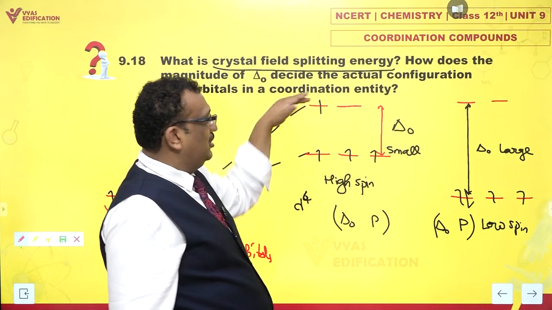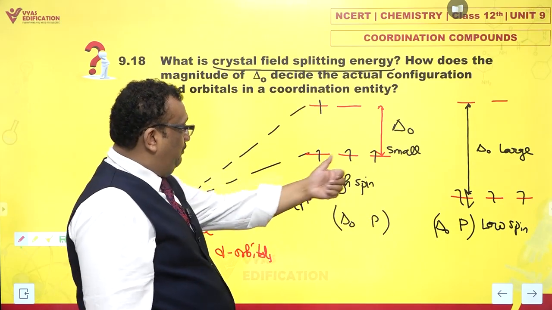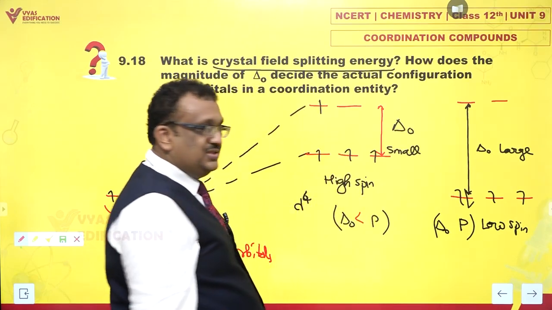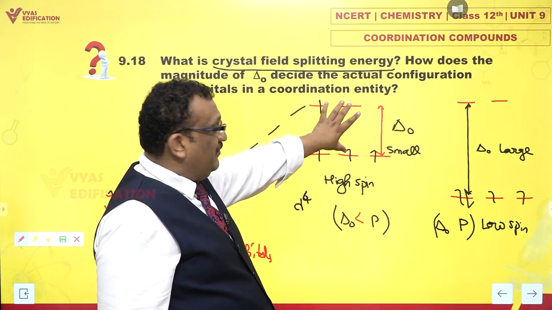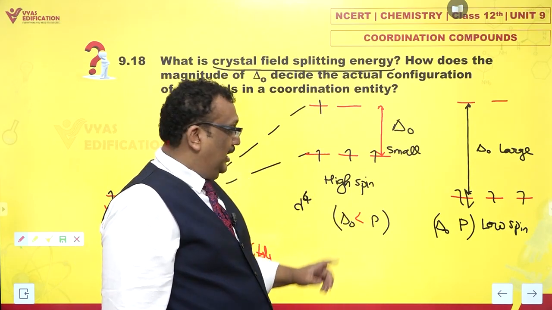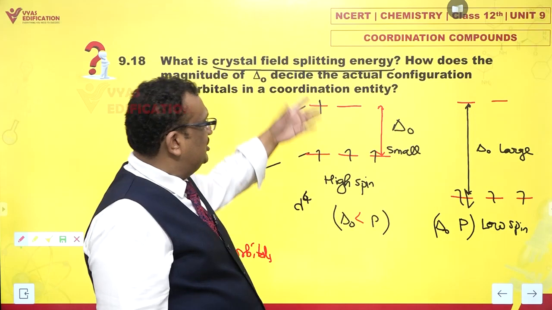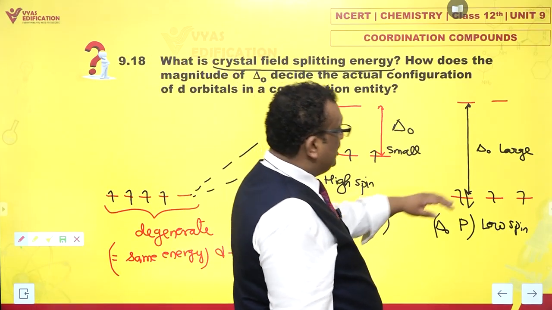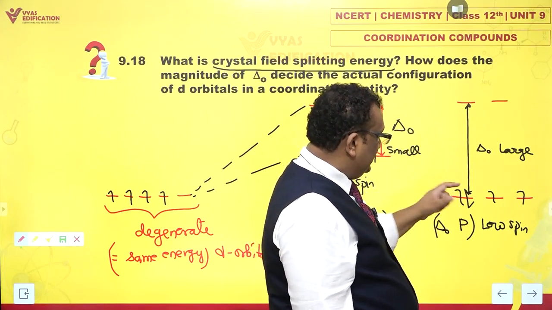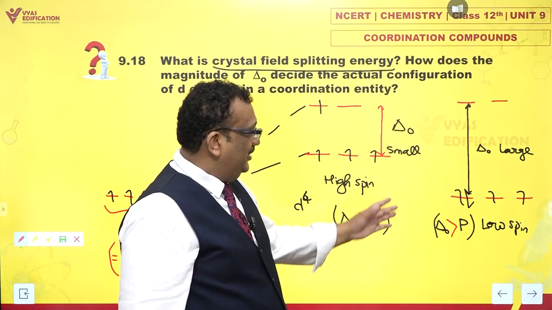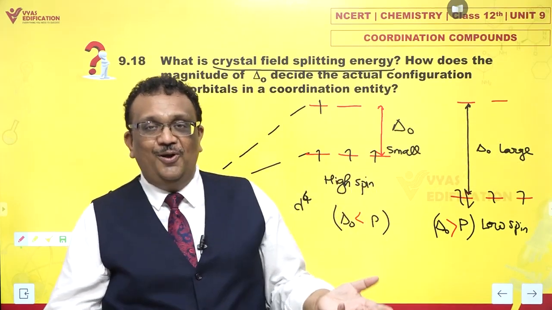If crystal field splitting is small and pairing energy is higher, electrons don't want to pair, they just jump up and it becomes high spin. And if jumping up is costly and pairing is cheaper, if delta is very large as compared to P, they pair up and there is a low spin complex.